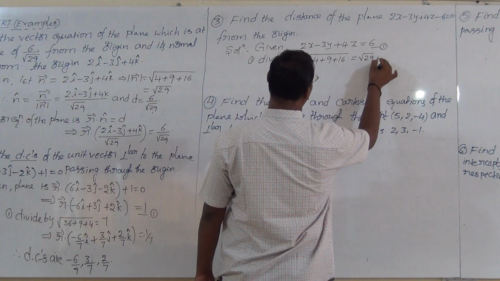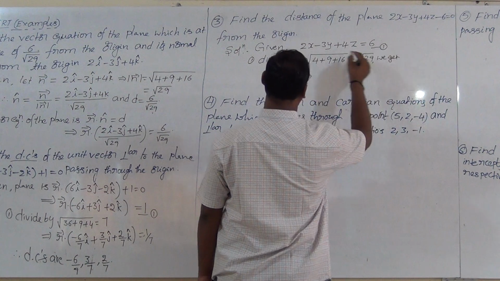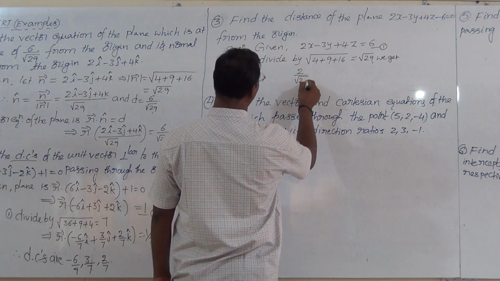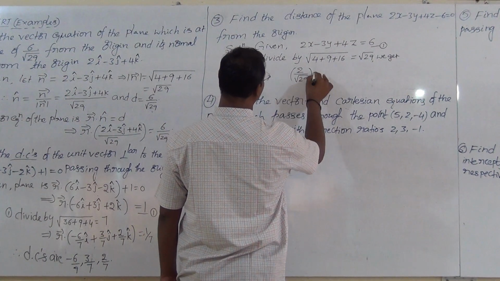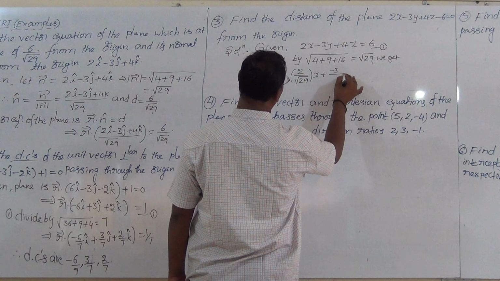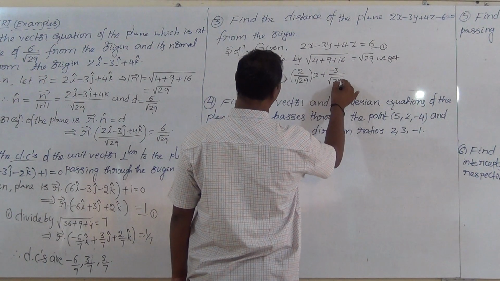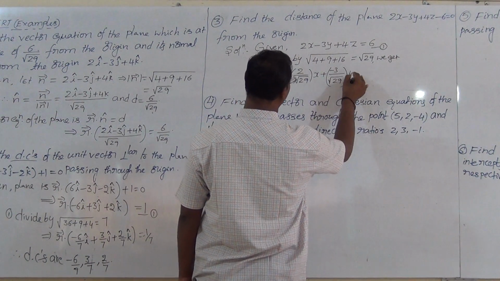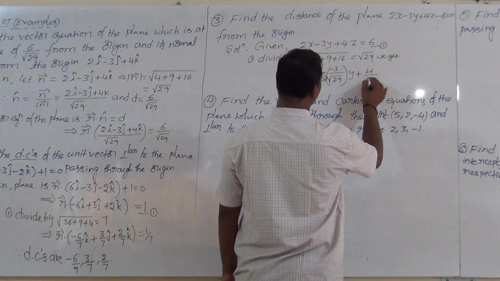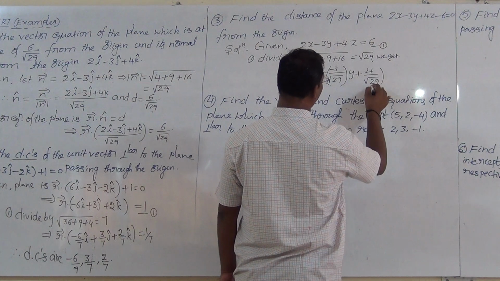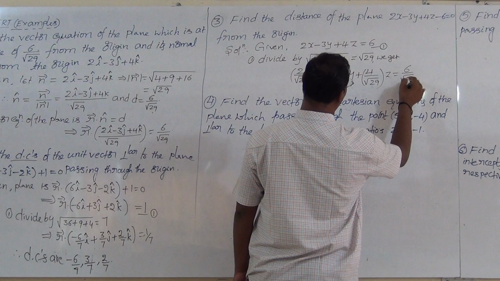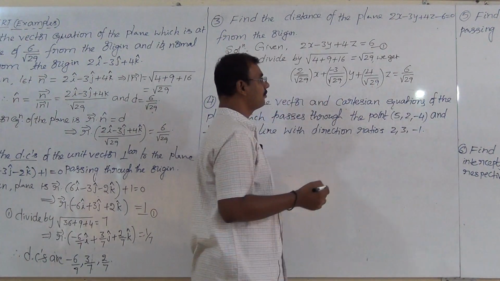We get the equation: 2 upon square root of 29 into x, plus minus 3 upon square root of 29 into y, plus 4 upon square root of 29 into z, equals 6 upon square root of 29.